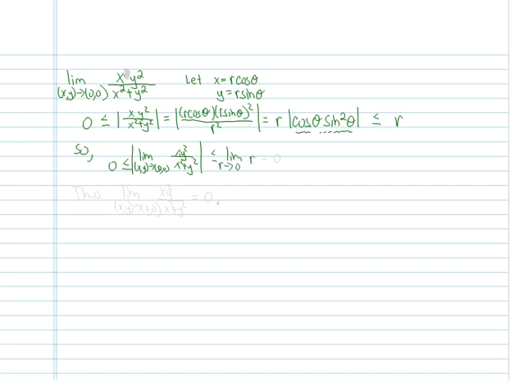And again, this is because r is defined as the square root of x squared plus y squared, so if x and y are going to 0, then naturally r must be going to 0 as well. So this will then imply that the limit will in fact be equal to 0.